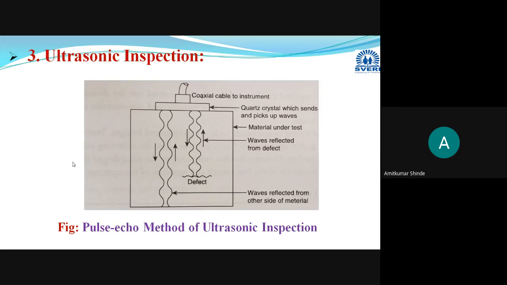It may be an internal defect like porosity, cracks, like that. Defects can be easily located, means you can determine their location as well as their dimensions, means how much the length of that crack will be. These parameters you can easily detect with the help of this ultrasonic inspection.